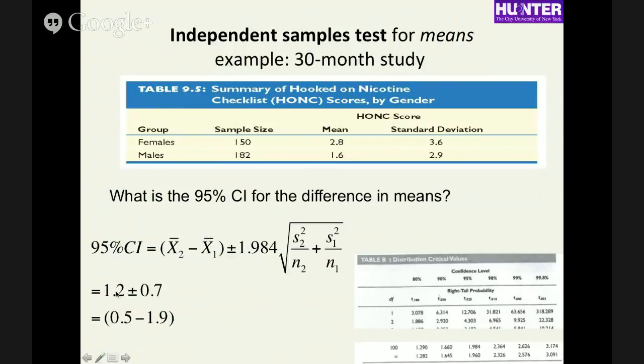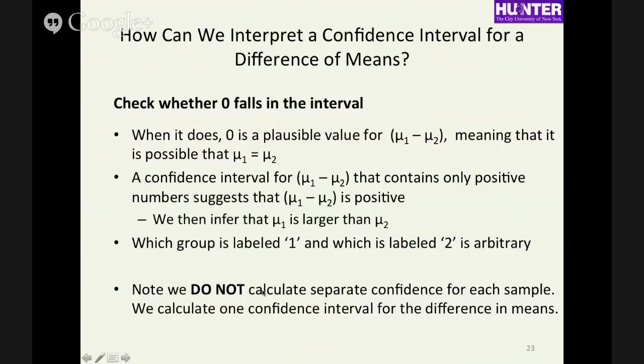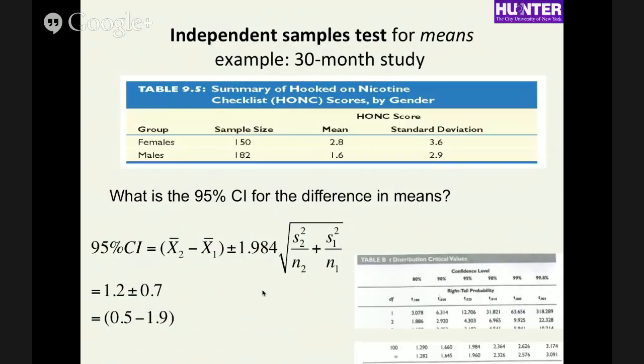So 1.2 plus or minus the margin of error of 0.7. And just quickly here, we can use confidence interval just as easily as we can use the hypothesis test to come to the same conclusion that the means are different, because this confidence interval doesn't include 0, right?